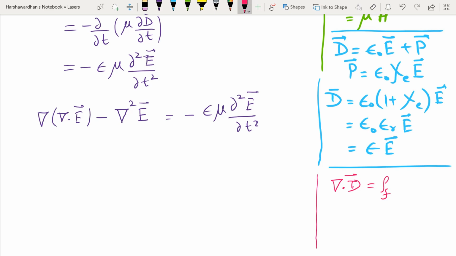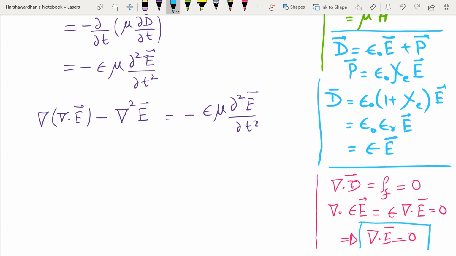Now remember that we already made the approximation that we are in the source free region. So this comes out to be del dot epsilon times E, which by the way, because epsilon is uniform in space, the del operator does not operate on it. So this can as well be written as epsilon times del dot E, which is equal to 0, which simply implies that del dot E is 0.